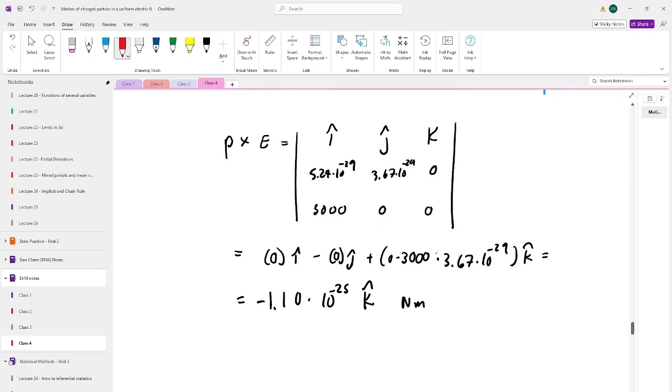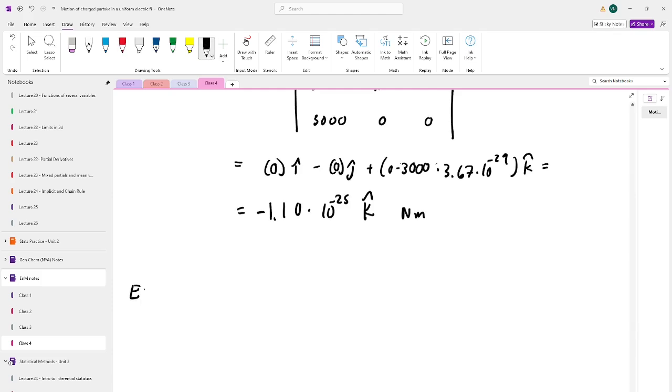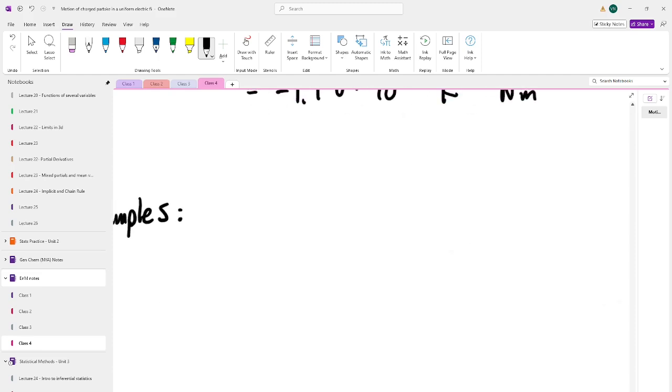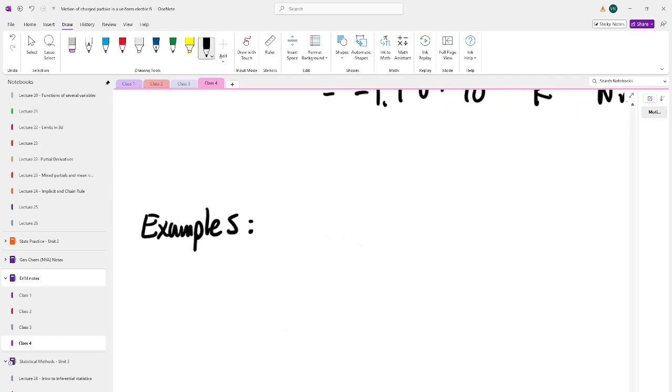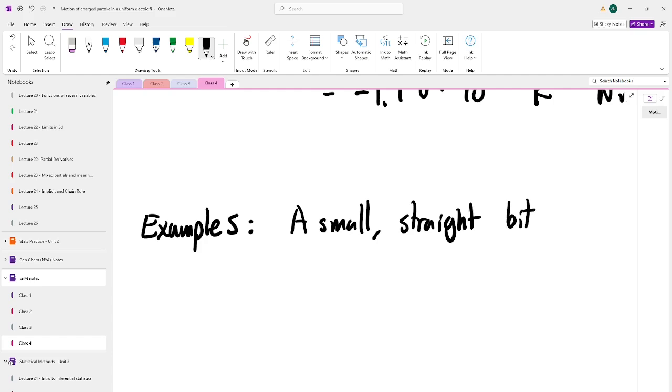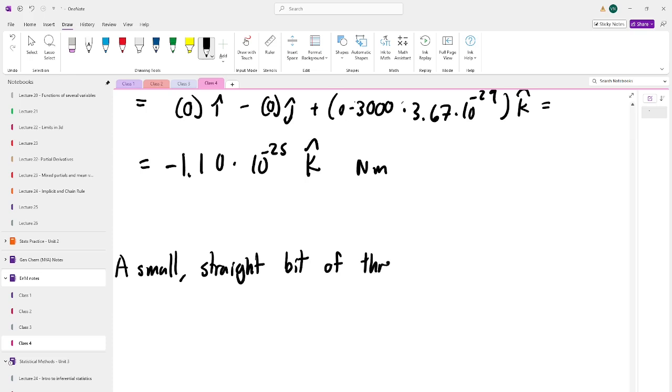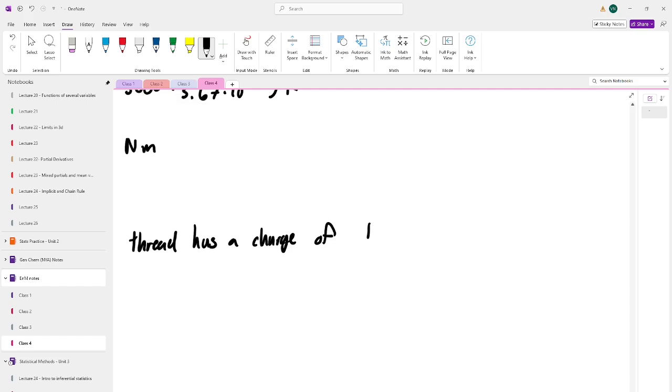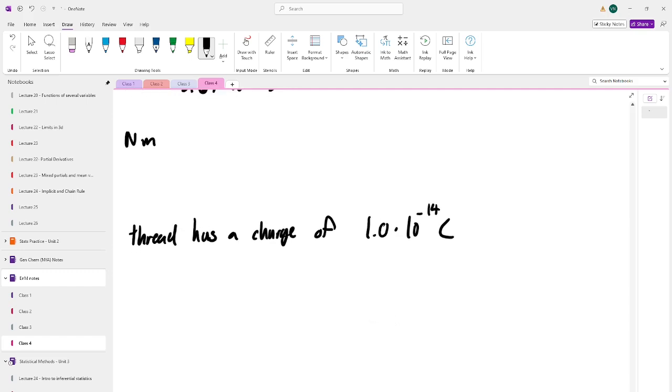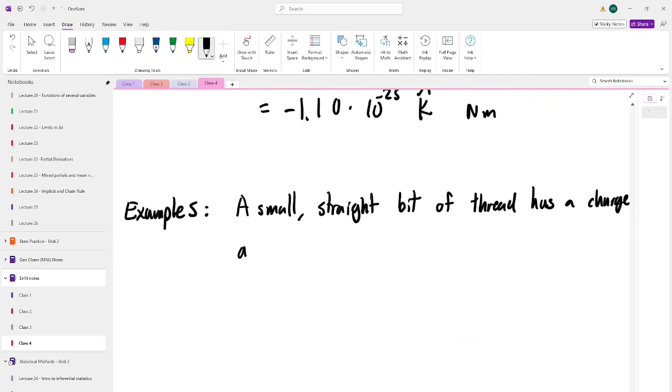Okay, so let's do example 5. So a small straight bit of thread has a charge of 1.0 times 10 to the minus 14 coulombs at one end, and a charge of minus 1.0 times 10 to the minus 14 coulombs at the other.